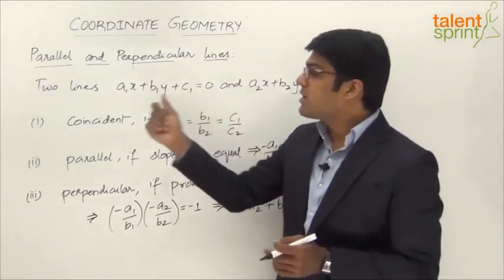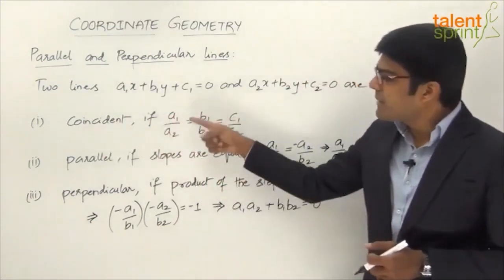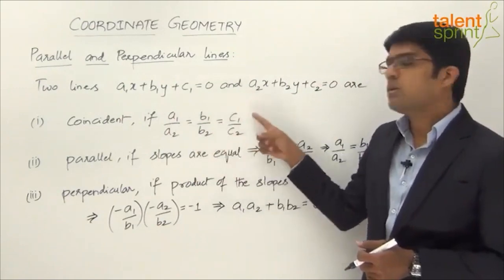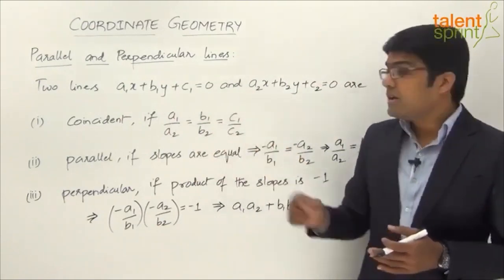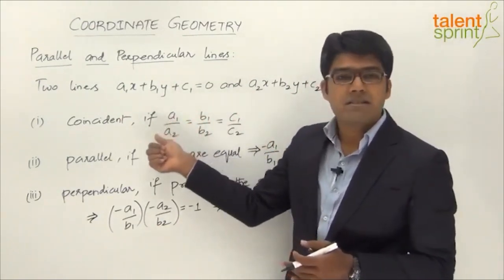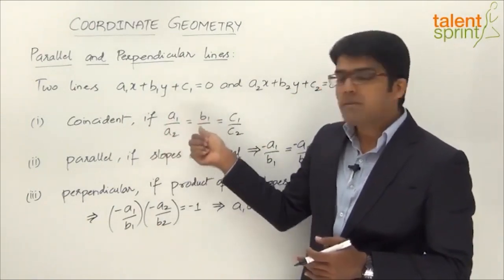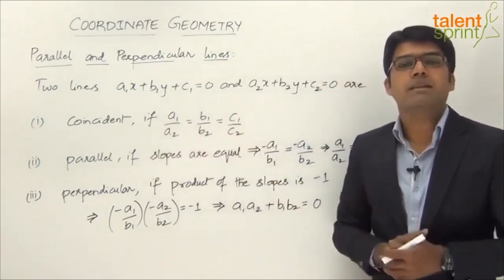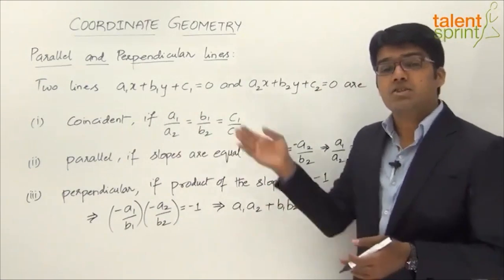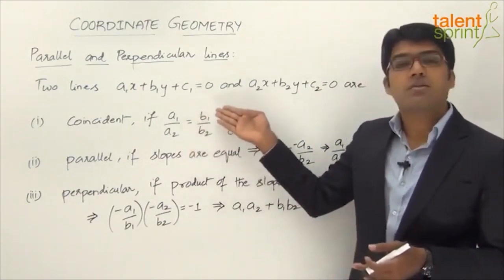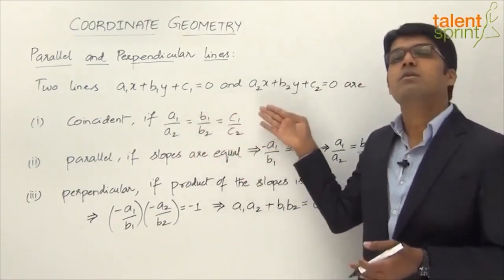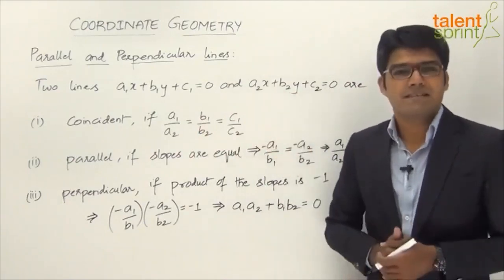So the two lines are coincident if a1 by a2 equals b1 by b2 equals c1 by c2. So the ratios of the coefficients a1 by a2, b1 by b2 and c1 by c2 have to be equal. Or we can say that the ratio of the coefficients of x should be equal to the ratio of the coefficients of y, which should be equal to the ratio of the constants c in both the lines.